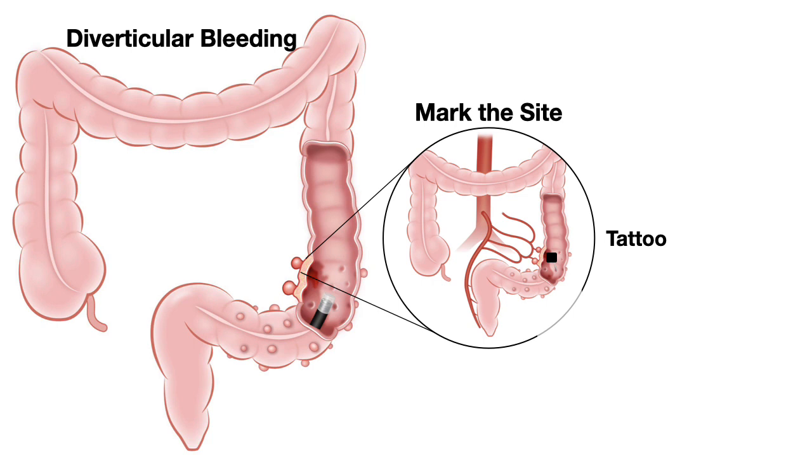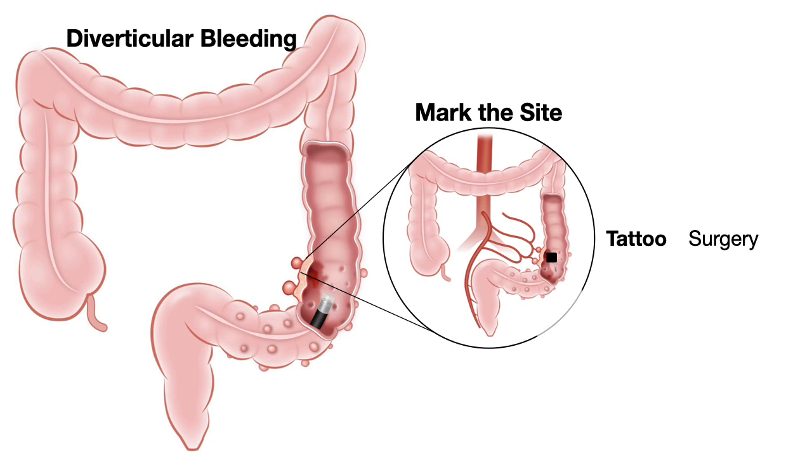If the patient rebleeds, you can go back and try to apply additional endoscopic therapy. Or if the patient is rebleeding massively and you cannot go back, and if the patient needs surgery, then the surgeon can find that site very easily.